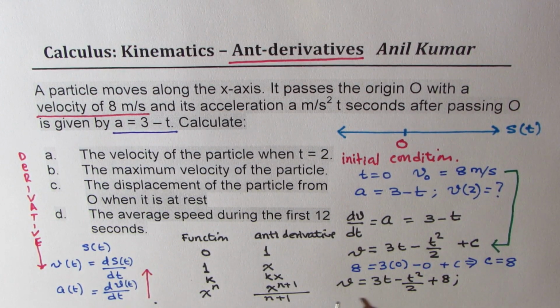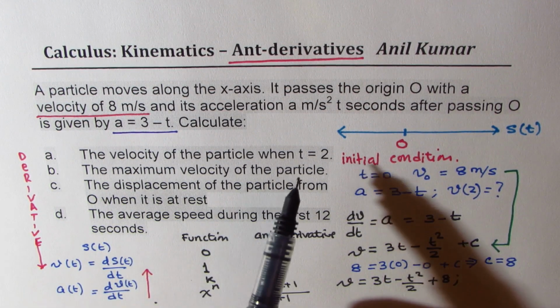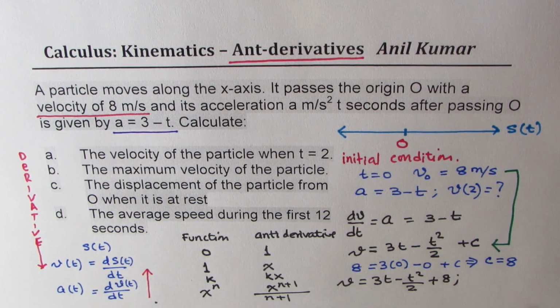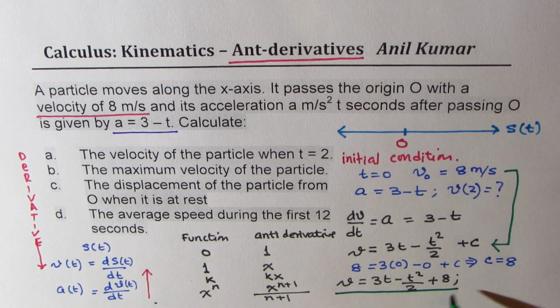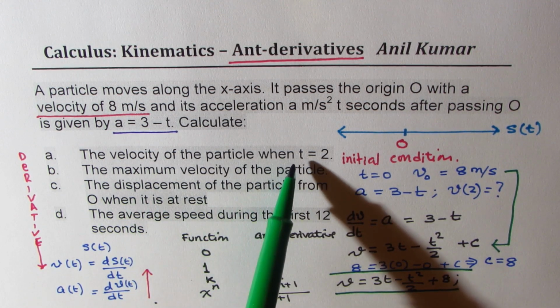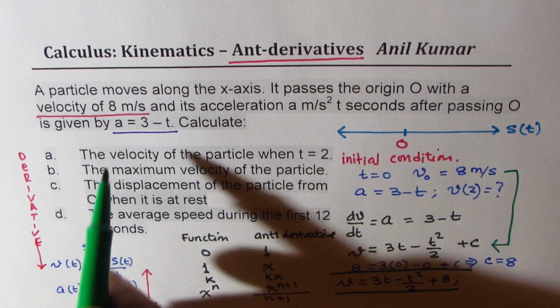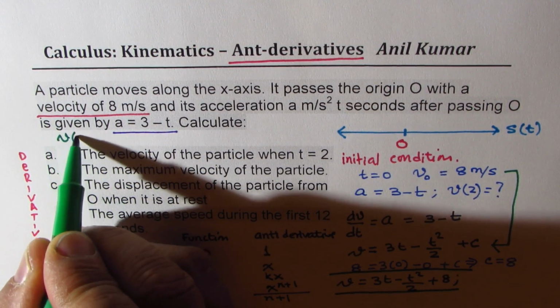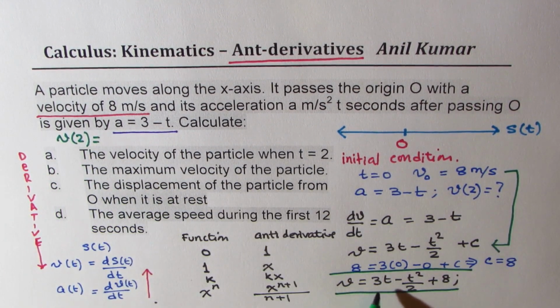Perfect. Since we have this expression of velocity, we can always find the value at t equals 2. We'll highlight this equation, which is going to be used later for all other parameters. Let me calculate the velocity at t equals 2. I'll substitute 2 here.